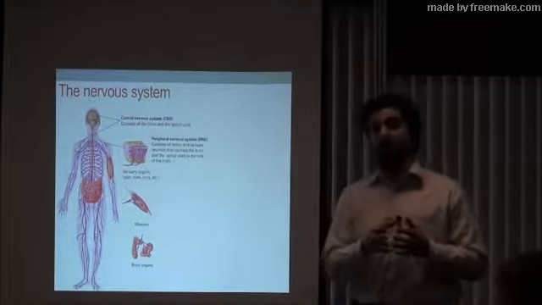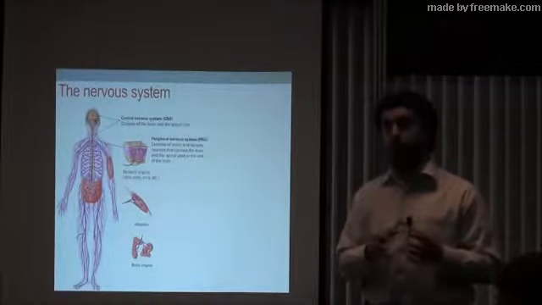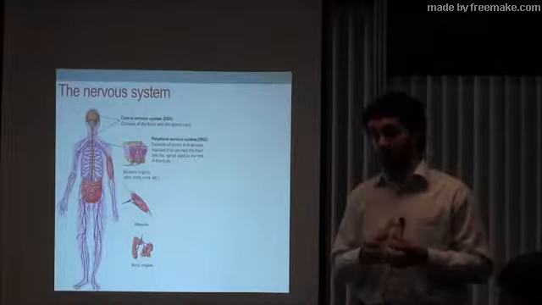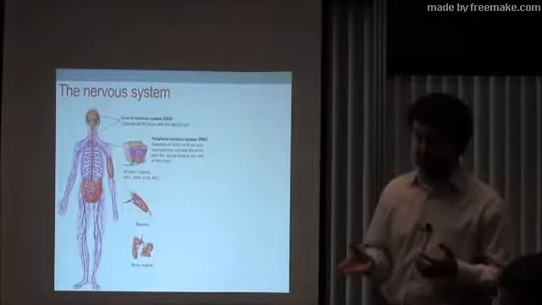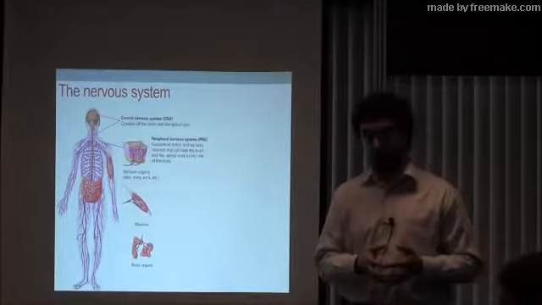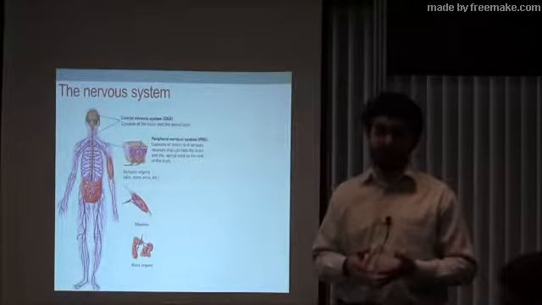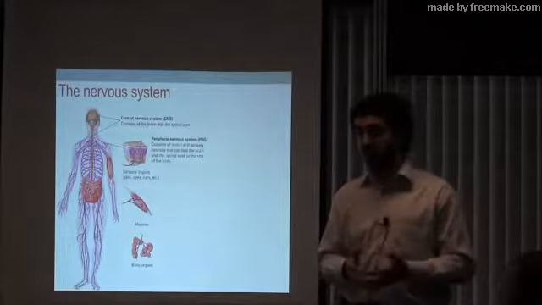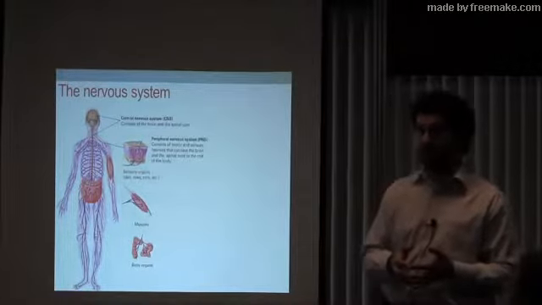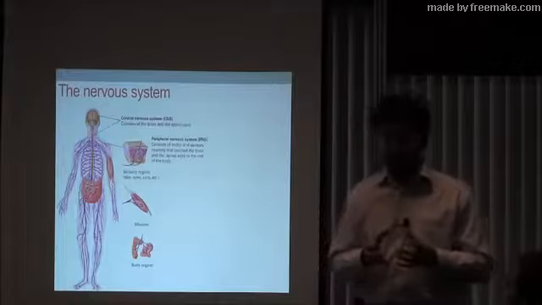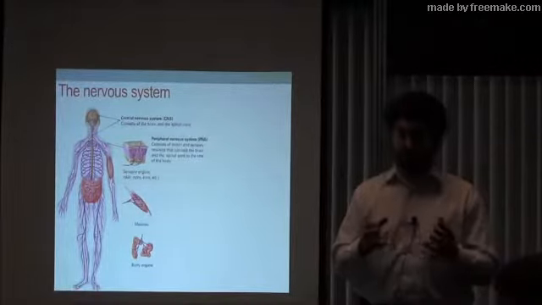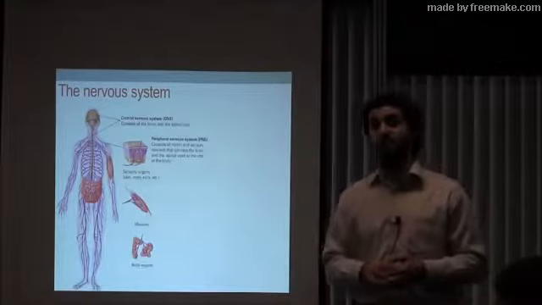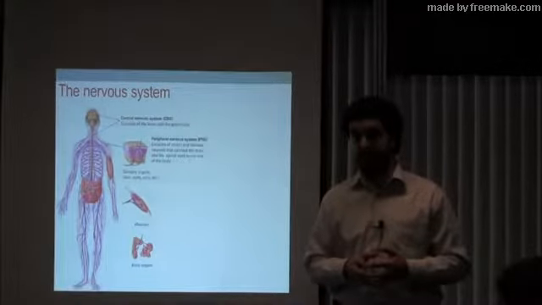The nervous system in vertebrates is composed of two major components. The first one is called the central nervous system, and the second part is called the peripheral nervous system. So what is the central nervous system? The central nervous system is composed of the brain and the spinal cord, whereas the peripheral nervous system is anything else outside the spinal cord and the brain.